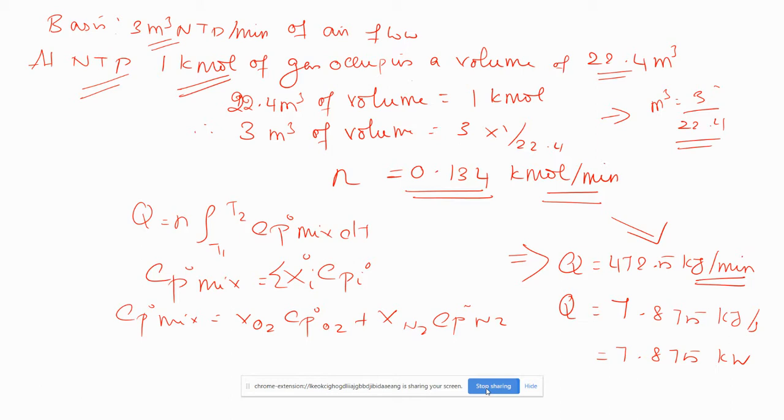Same way you have to find Cp naught m of mix 2. Same sigma xi Cp naught mi.